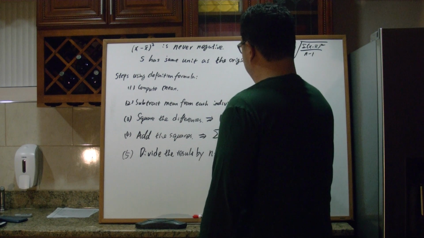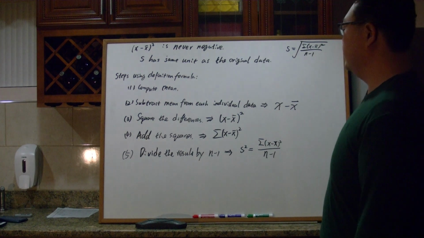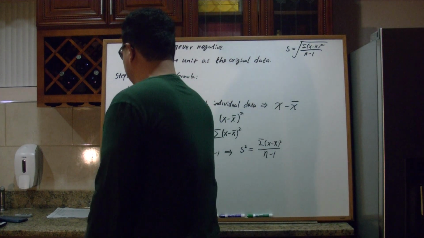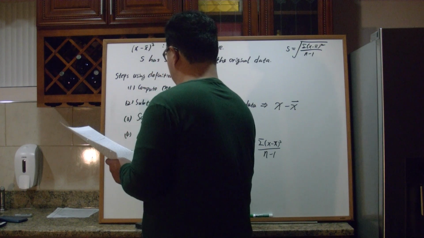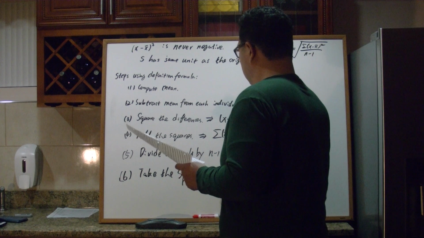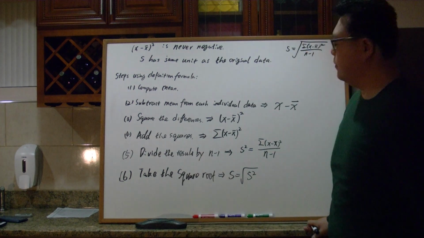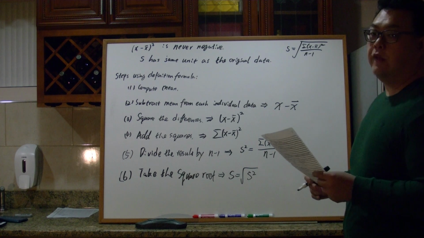To get the variance, the variance is just the thing after division. At the end, take the square root. Well, we get the sample standard deviation is the square root of the sample variance.